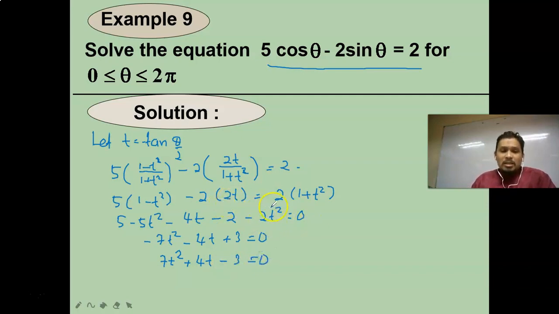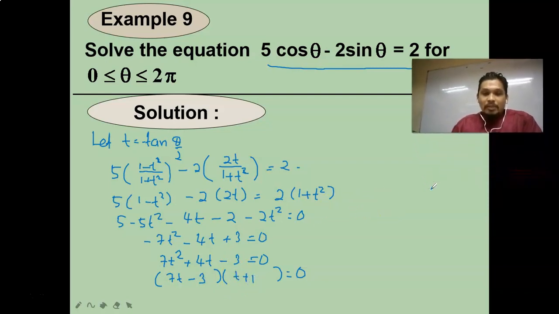Okay, it's just like, if we bring all this to the other side, then we'll get all positive. Same thing. Okay, so then factorize this. Then it gives you 7t minus 3 and also t plus 1.